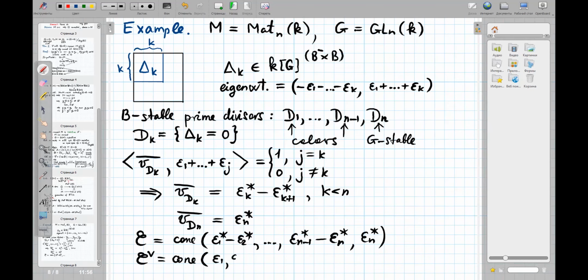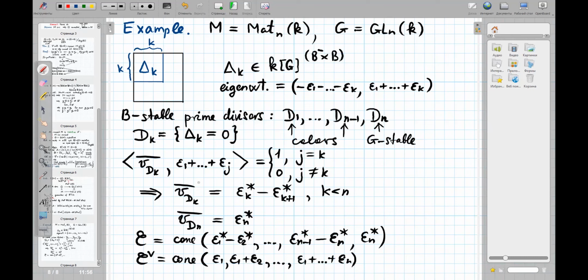Epsilon 1 plus epsilon 2, etc. Epsilon 1 plus, etc. plus epsilon n. So this is how these cones look.